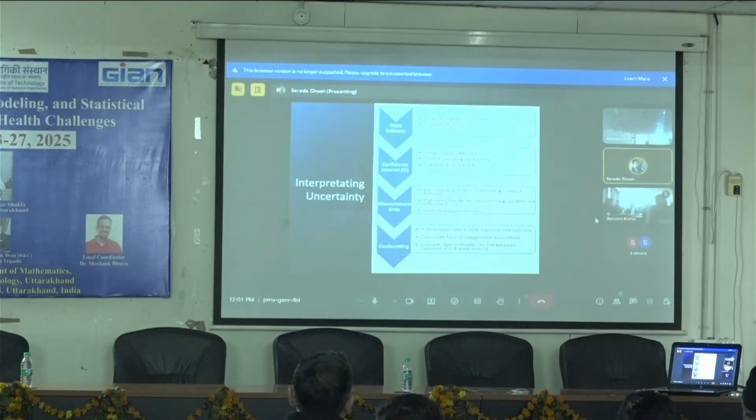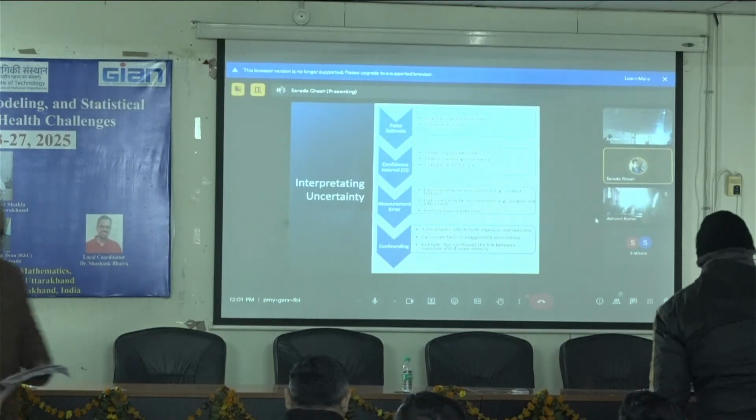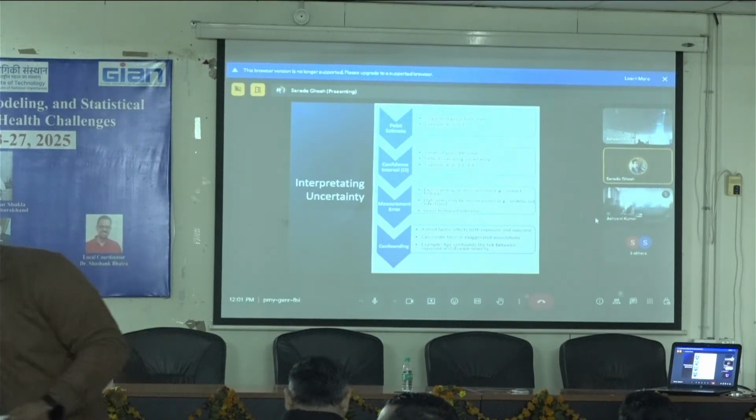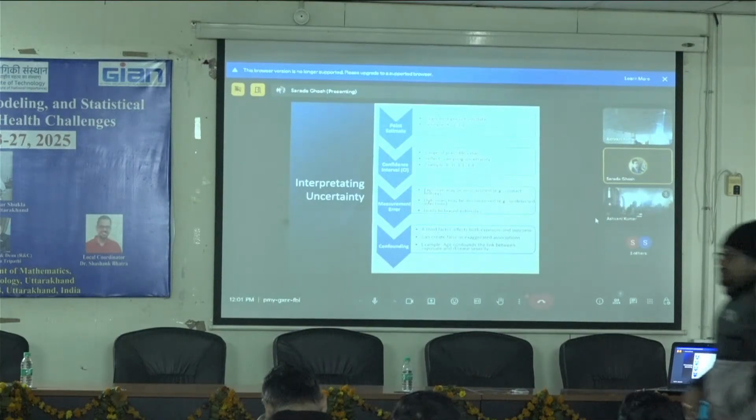Based on this, there is some measurement error, like exposure may be misclassified, for example from contact history, where maybe we take the wrong exposure. In that case, we can't conclude the actual situation. Outcome may be mismeasured. Maybe we can't catch undetected infection, which leads to a biased estimate.